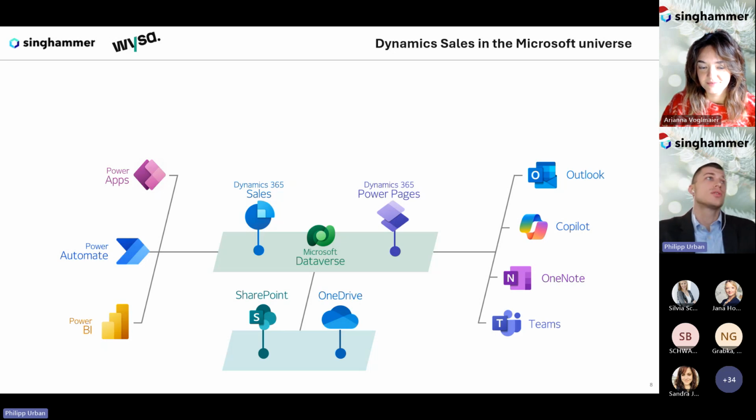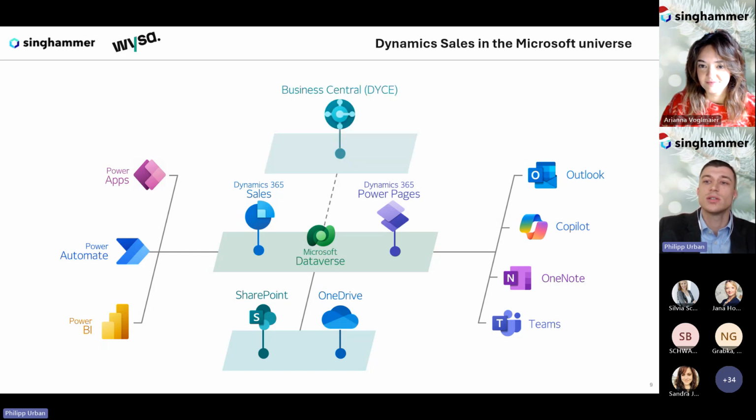And now we come to the most crucial interface to our customers, which is the connection to Business Central and the DYCE apps our customers are using, which is the most crucial integration for sales and more processes for our customers. And in this area, we can say that we have come to some limitations of the standard interface which Microsoft delivers, and we wanted to pre-configure some things in our process which weren't possible with this solution.